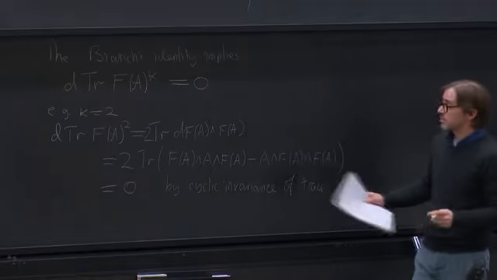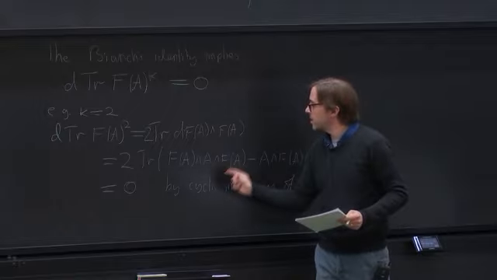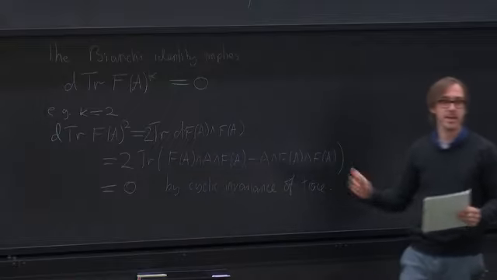So it would not be 0 without the trace, but with the trace, I can cyclically permute this to put this guy in the first position, and then they cancel.